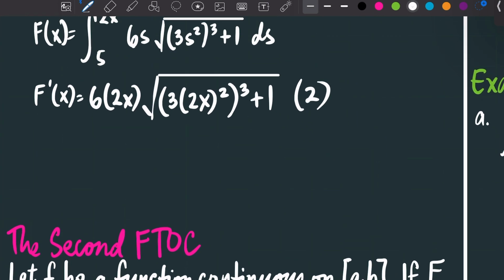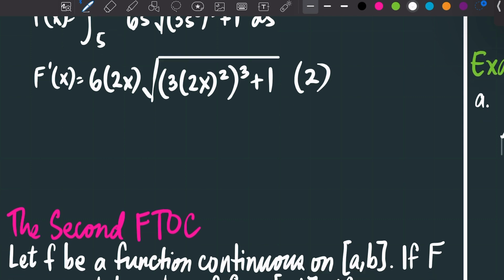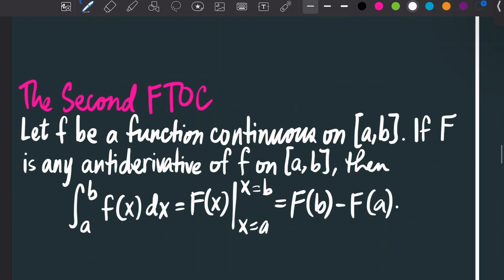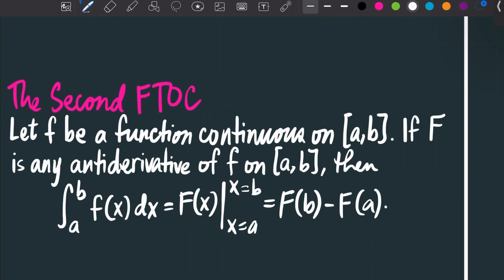I assume tapos na kayong mag-break kung nag-break man kayo. So, let's proceed sa second fundamental theorem of calculus. So, this one actually gives us a way to compute the definite integral itself. So, let small f be a function continuous on this closed interval AB.